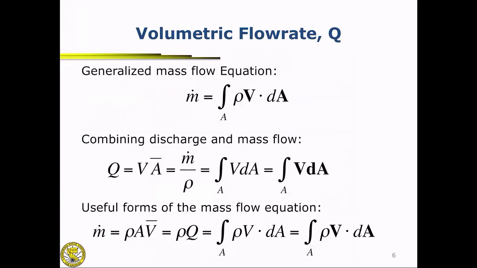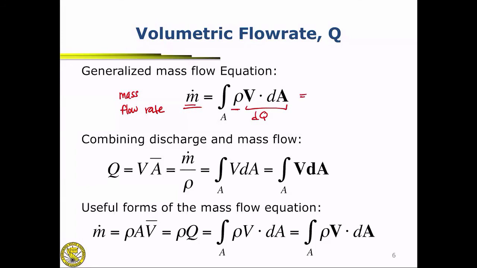This first equation is our mass flow rate, which is denoted as m dot. Again, we would take that integral across that cross-sectional area, and we would multiply our Q calculation, I guess this would be dQ, by our density.